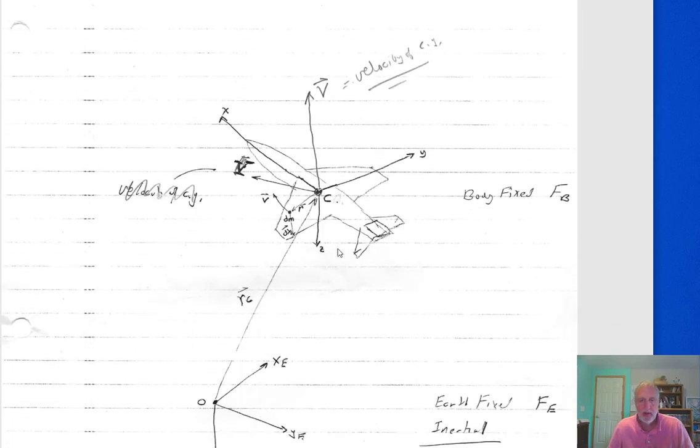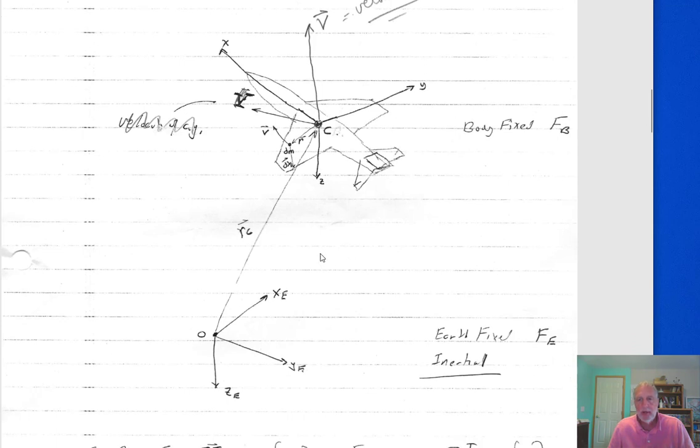The first thing I wanted to look at was a picture of the airplane in 2 different axis systems. The airplane can be in the Earth-fixed axis system, with the origin located somewhere on the Earth. Usually X is pointed north and Y is pointed east.